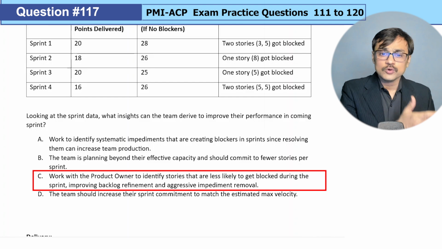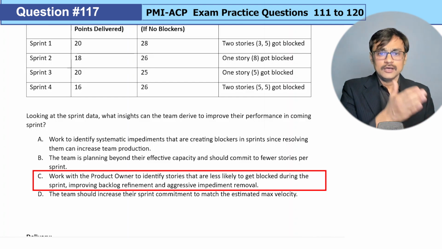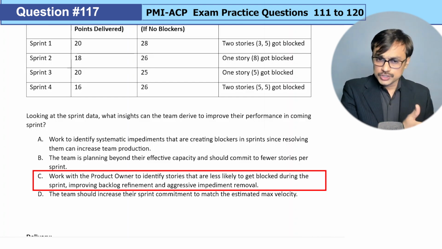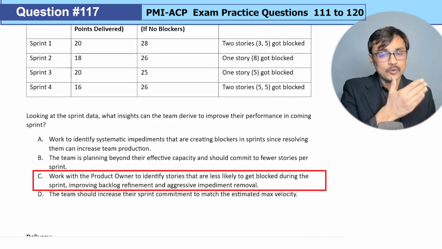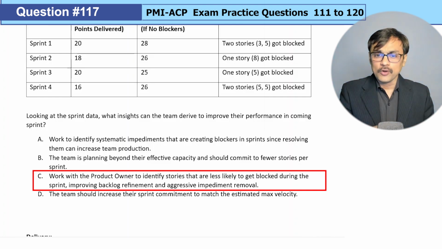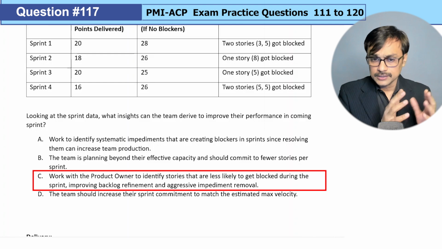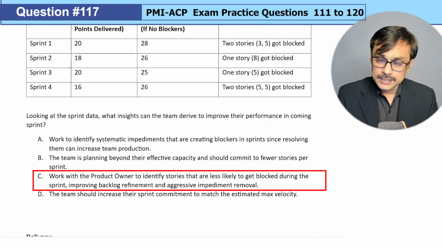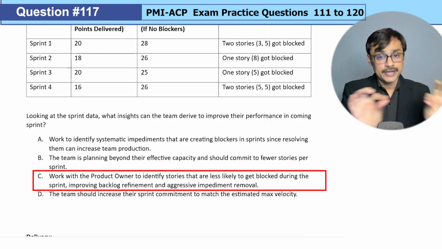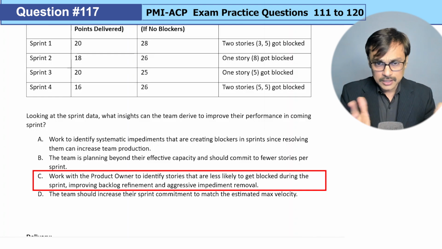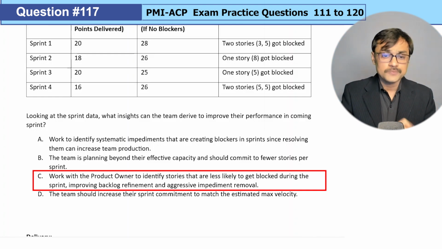Maybe we improve our backlog refinement. We identify the dependencies or issues in advance, so only those stories which are expected to be ready get picked up. So the probability of blocking reduces. And even if something does get added, we are doing aggressive impediment removal. So it looks great. C is like a textbook answer. To me, this is the great option.